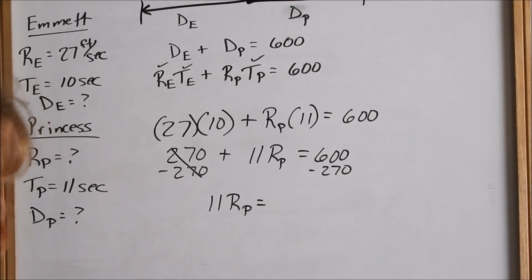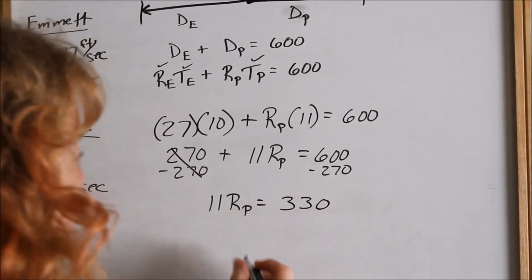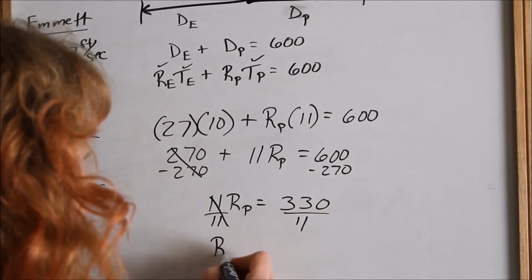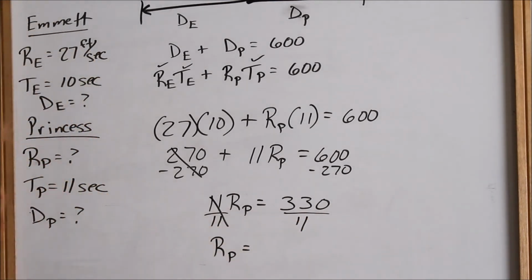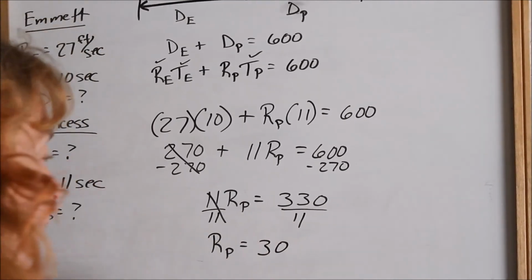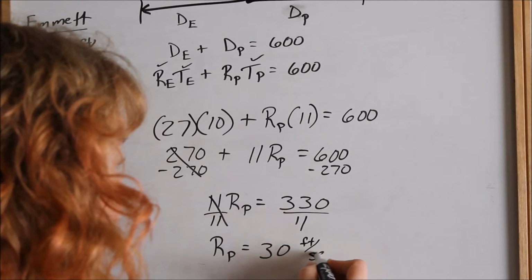So 600 minus 270, 330, divide both sides by 11. So Princess's rate is 30, and we're dealing with the rate, and so our units for rate, feet per second.